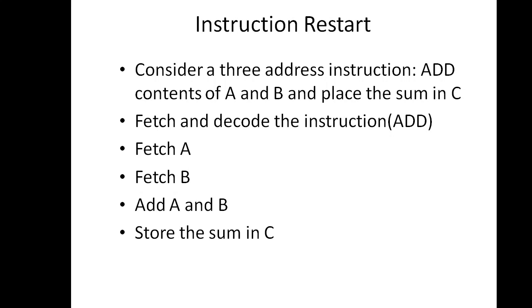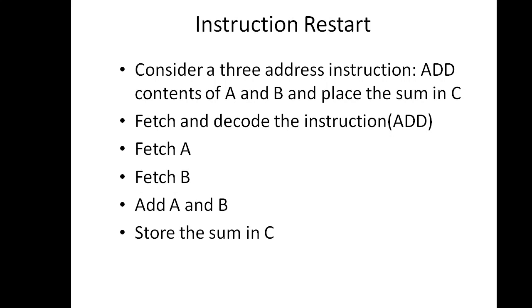After fetching, we decode the instruction. After decoding I get to know that I have to add the value of a and b and store it in c, that is, it is an add instruction. After fetching and decoding the instruction, what is the next step?